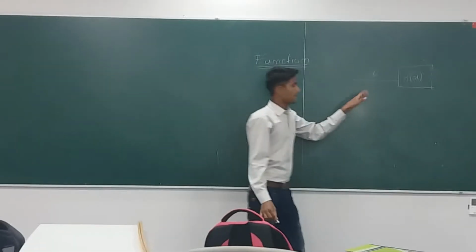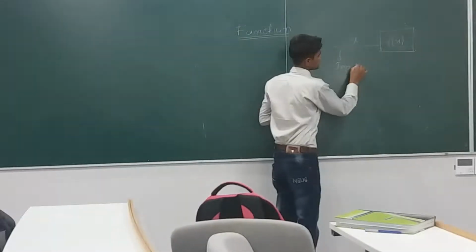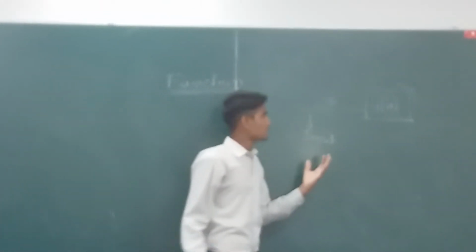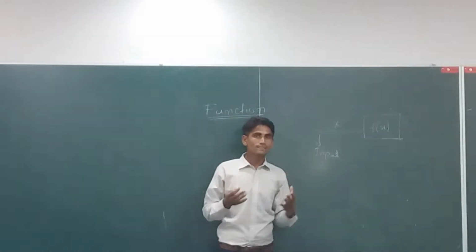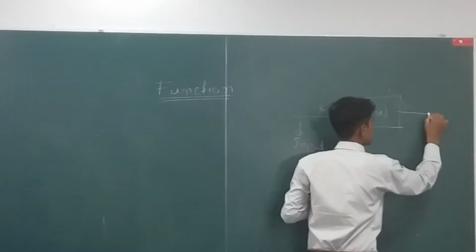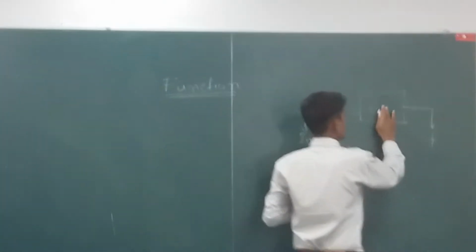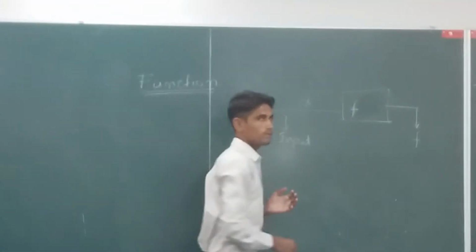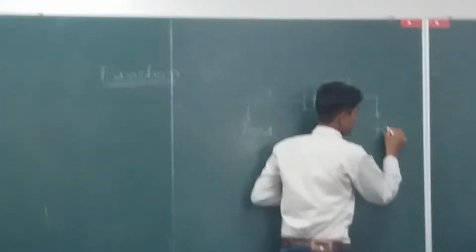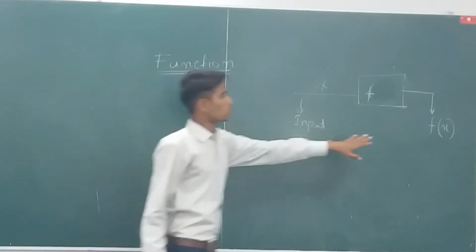I have given an input. After that, this machine will work on this input, and after working, it will give us an output. It operates on this input, and we are given an output that is known as f of x. This is our output.